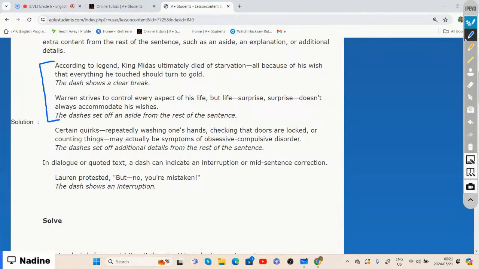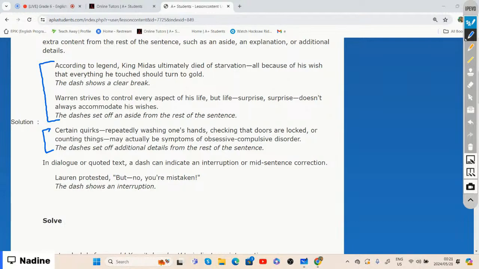And if we look at another sentence, it says, "Certain quirks, repeatedly washing one's hands, checking that the doors are locked, or counting things, may actually be symptoms of obsessive compulsive disorder." So certain quirks.